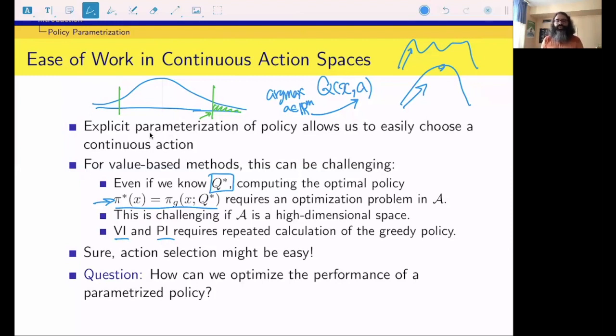Practically, they work well, especially when we have continuous action spaces. For example, in a robotics problem, we usually need to work with continuous action spaces because that's the command we want to send to a robot. Then use of this type of direct policy search method usually makes things easier.